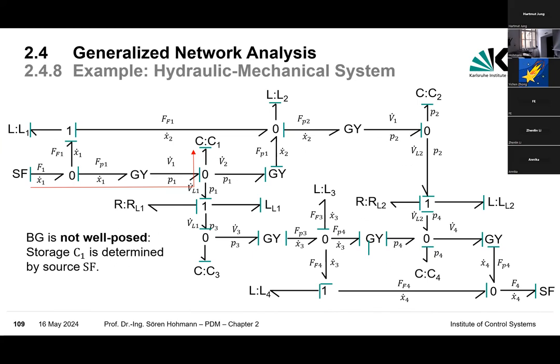We leave it as it is to show you, okay, this makes analysis easy and understandable. So if you do causal path analysis, you also find that there might be a problem with the modeling. So our bond graph BG is not well posed in this particular case. And if you look more carefully, also the effort and flow variables of L2 are fully defined by the force here. So there is something mysterious about it.